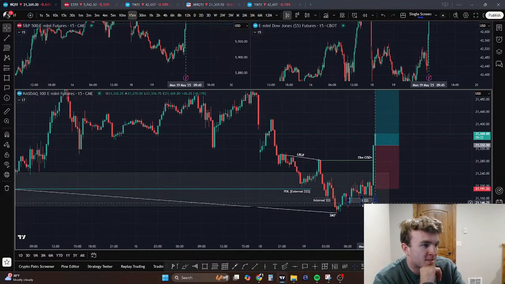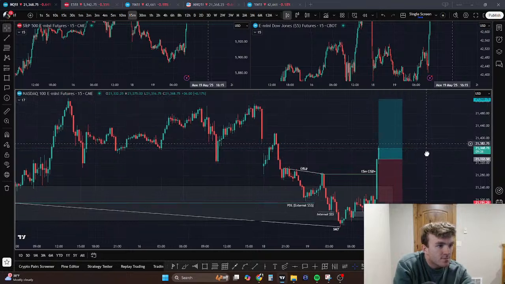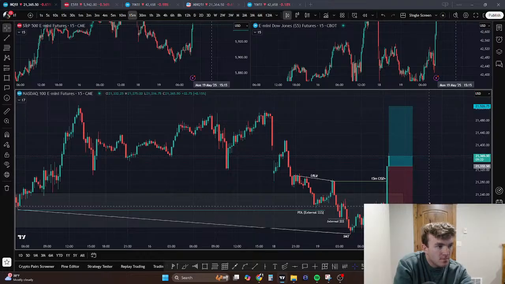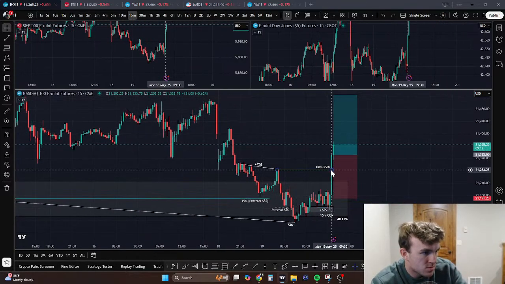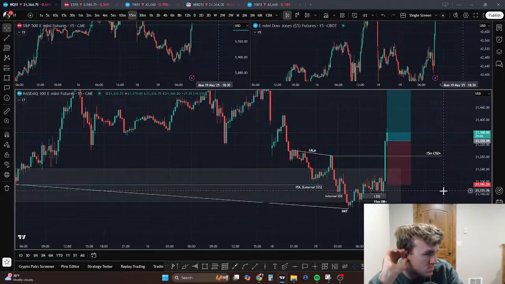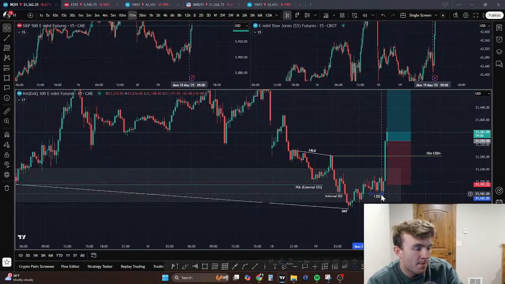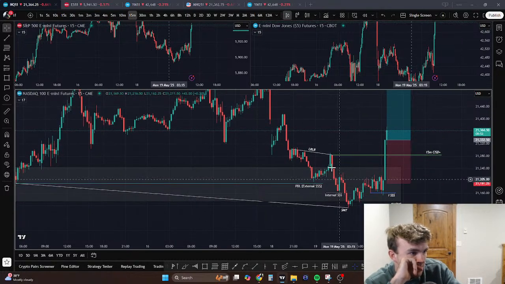But this is very obvious that it's a buy model on the 4 hour and 15-minute to me. But yeah, seems like it's a pretty good flow state.